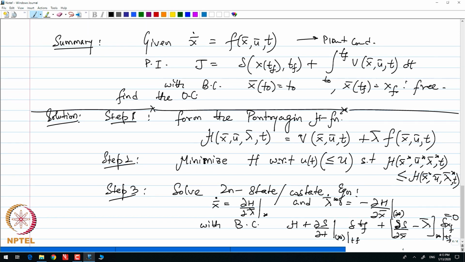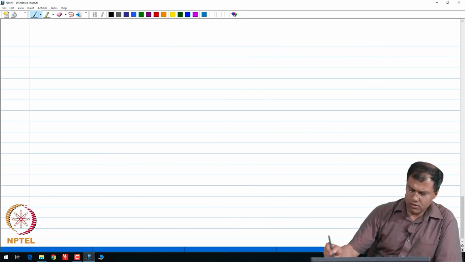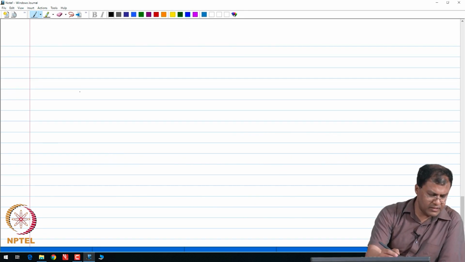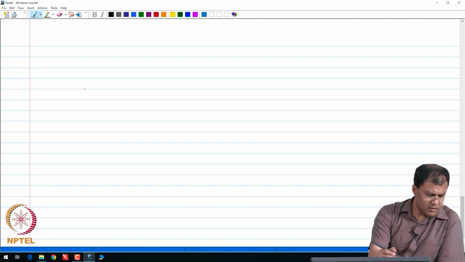Okay. So, the sufficient condition, which we will just briefly mention, is identical to the unconstrained case, namely we have to check the second derivative of the Hamiltonian with respect to the control variable u, and if the sign is positive, that should guarantee that we have found the minima. Okay. So, what I just said is the sufficient condition.